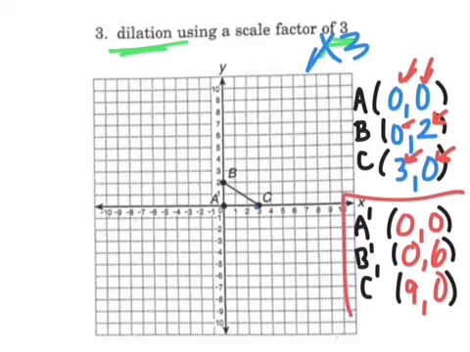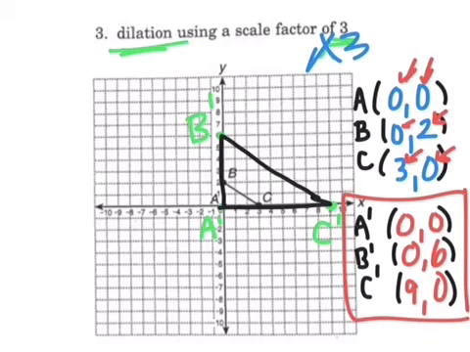Now take these new ordered pairs and plot them on the graph. 0, 0 is A prime. Over 0 up 6 is B prime. And over 9 up 0 is C prime. Then make your triangle. You can see we've enlarged the little triangle to make a much bigger triangle.